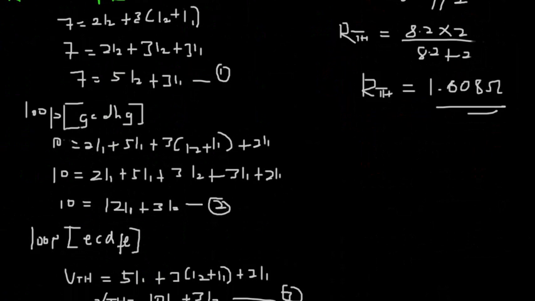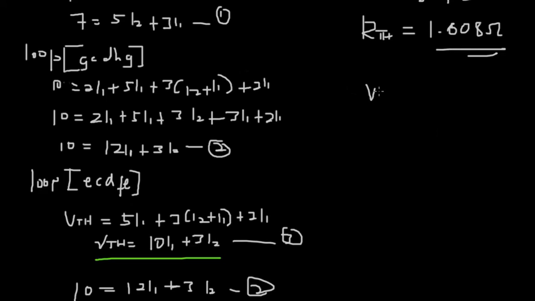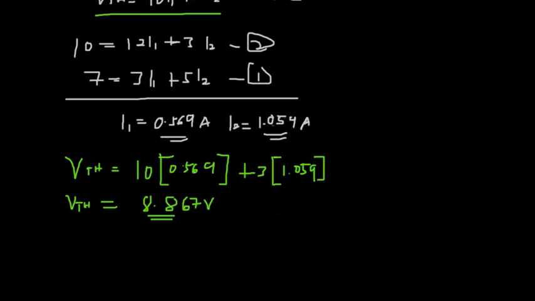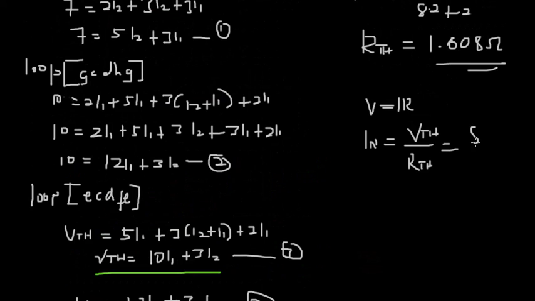So now let's move on. You know that Ohm's law is V equals IR, but we are dealing with Norton's theory, so we have IN equals VTH over RTH. You know VTH is 8.867, so we have 8.867 divided by RTH, which is 1.608.